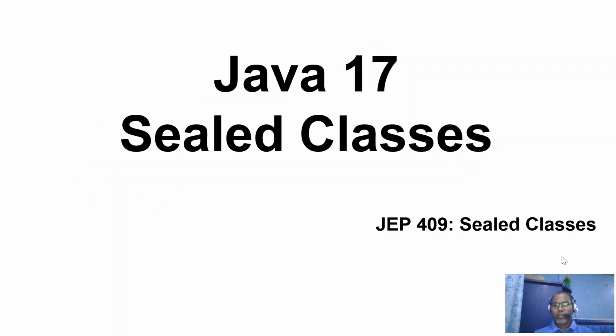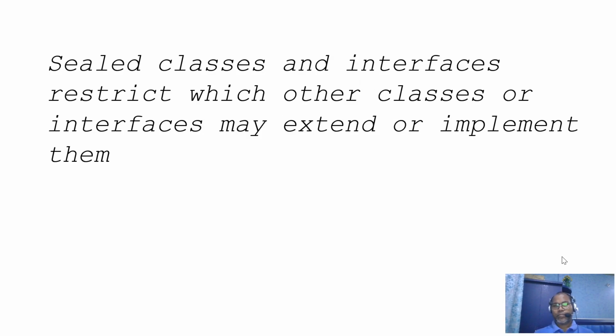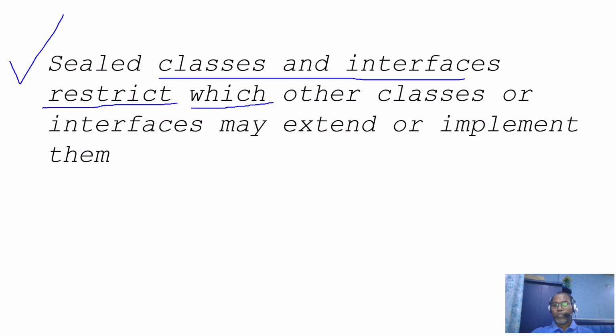So let us discuss what sealed classes and sealed interfaces are, write some demo examples, and look at some theory as well. First, sealed classes or interfaces: you can mark any class or interface as sealed to restrict which other classes or interfaces may extend or implement them.